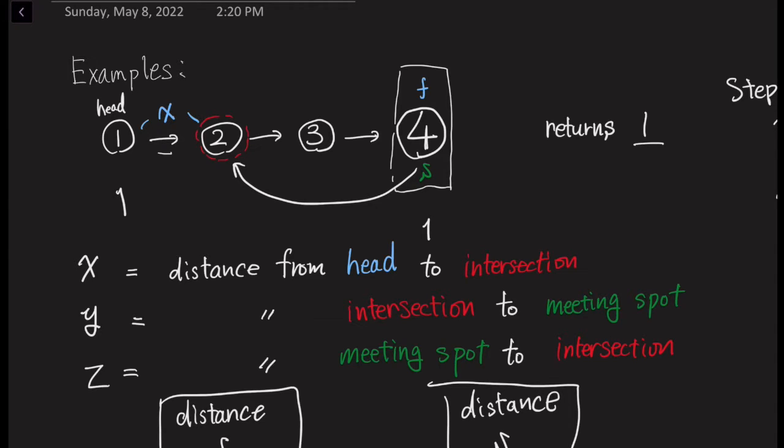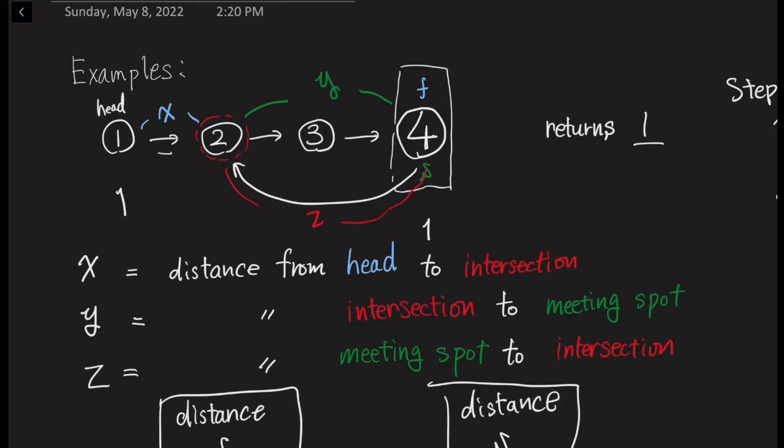Let y be the distance from the intersection to the meeting point, where the two pointers meet. And let z be the distance from the meeting spot to the intersection. So in this case, this will be z from 4 to 2.